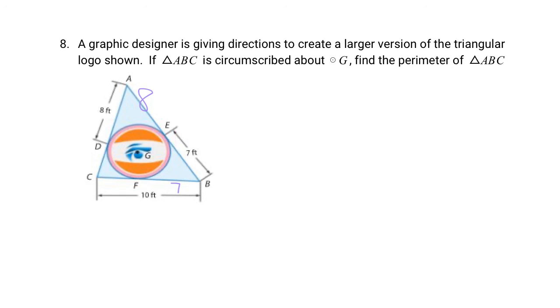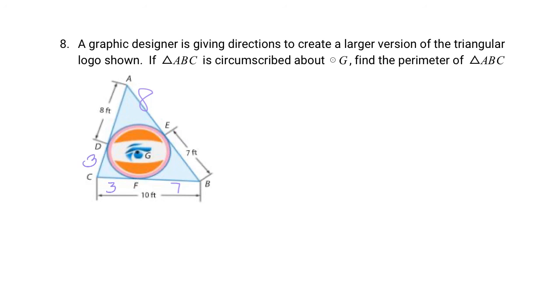So if all of CB is 10 and BF is 7, all we have left is 3 for CF. So CD is 3 as well.